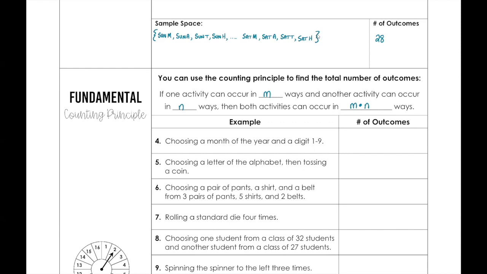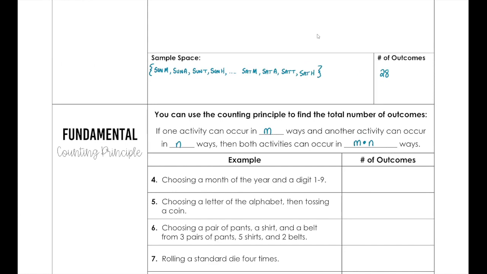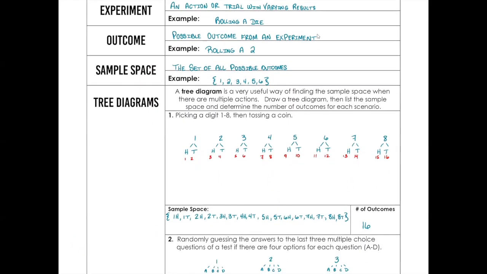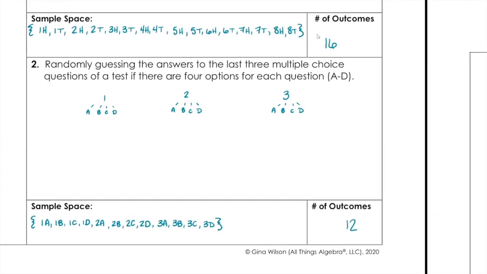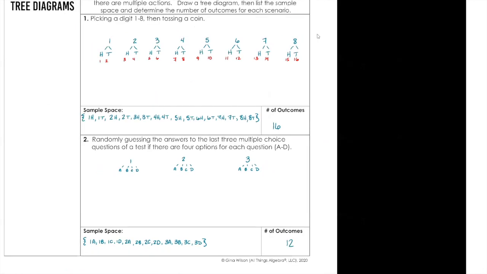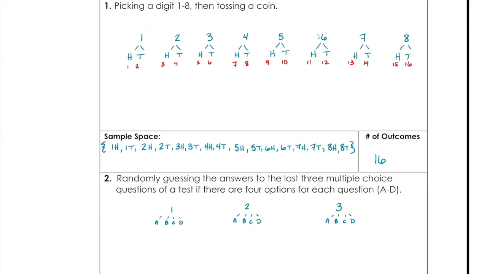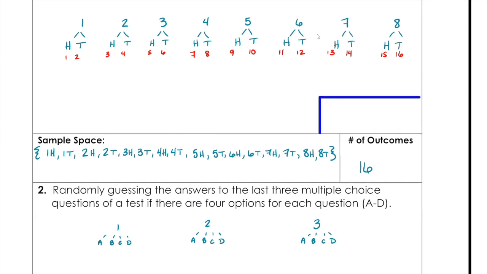So let's go back before we even do these next ones, and let's see if we can apply the fundamental counting principle to the 3 examples we did. Well, the 2 we did together and the one I showed you. So let's go back to the first one. The picking a number 1 through 8 and tossing a coin. So if we're doing the fundamental counting principle, let me see if I can give us a little handy dandy box right here so we can help distinguish between what's going down.